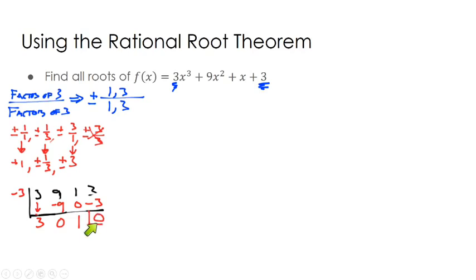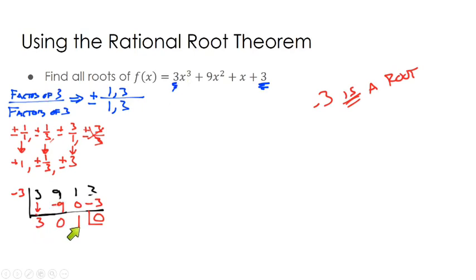That means that because there's a remainder of 0, -3 is a root. So we have that -3 is a root. Okay? So we've got one of our roots. We know this is going to have at most 3 real roots. And so let's go and find the next one.